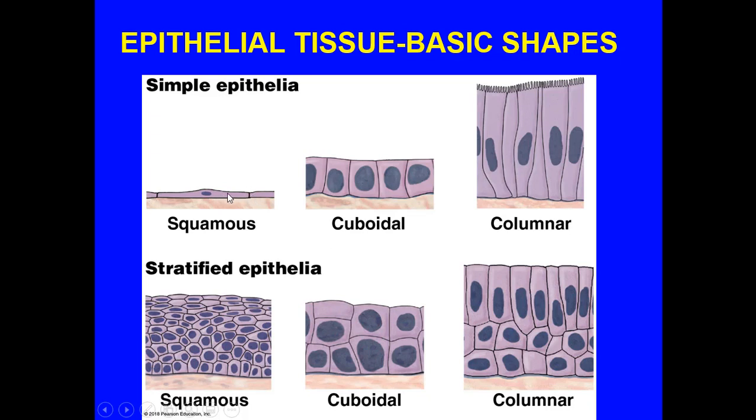And so there's very little cytoplasm here, okay? It's almost like tiles that you'd see on a floor. Cuboidal, the cells are cube-like, and they have a central nucleus. They have a larger amount of cytoplasm in the volume here.